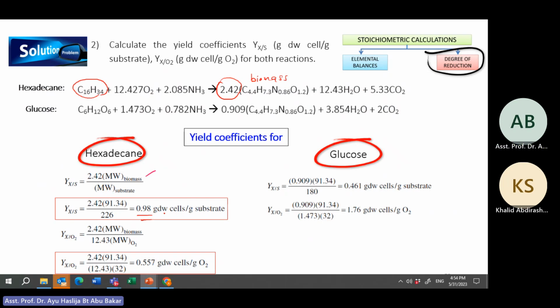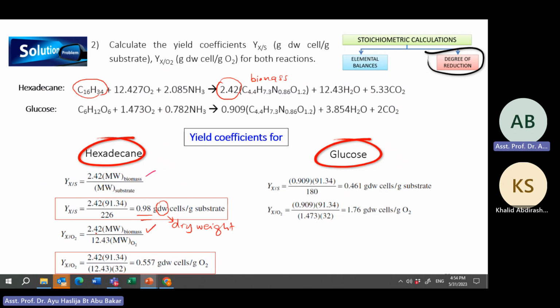What is this? DW stands for dry weight, correct? Dry weight over gram substrate.